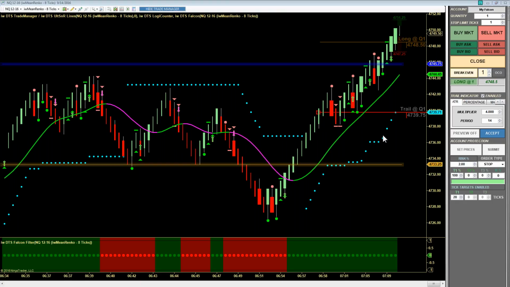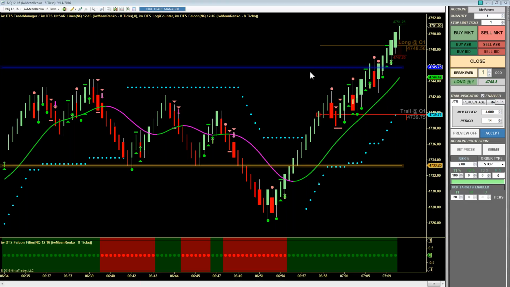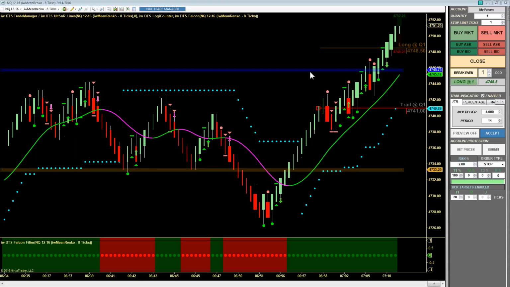Now, hopefully, you've noticed that the Trade Manager has been rolling my stops up a little bit here automatically while I'm going on about this. I prefer the smaller tick value markets. The reason is it's going to allow you to A, run a deeper stop, which will B, increase your probabilities of a winning trade.